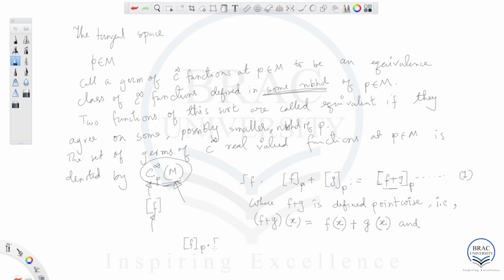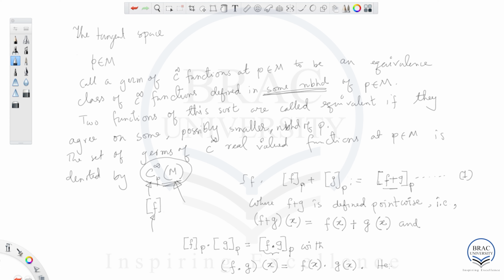And we can also define a product of two elements here in the following way. The product is given in this straightforward way, where this product is again defined pointwise. f dot g at x is equal to f of x times g of x.